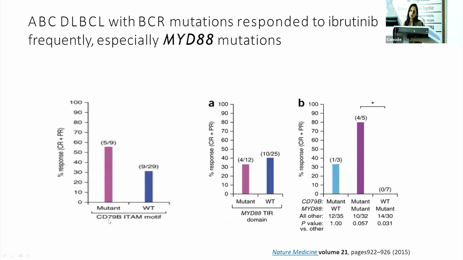Definitely, the patients who had this mutation responded better, and MYD88 alone compared to the wild type also performed better. But when both these mutations were present in the same patient, that is the MCD group, these patients performed far better on ibrutinib compared to the wild type. So this is a group which needs to be recognized because it will do well on your ibrutinib therapy.